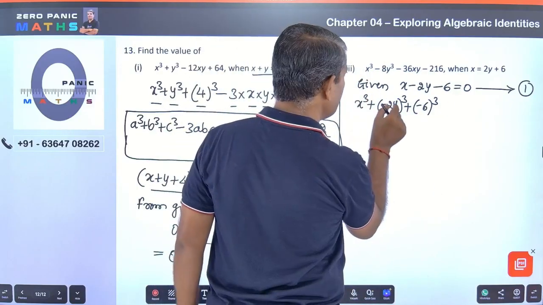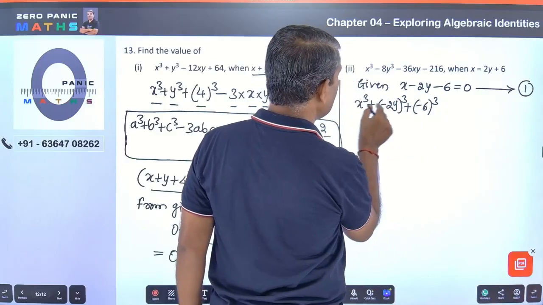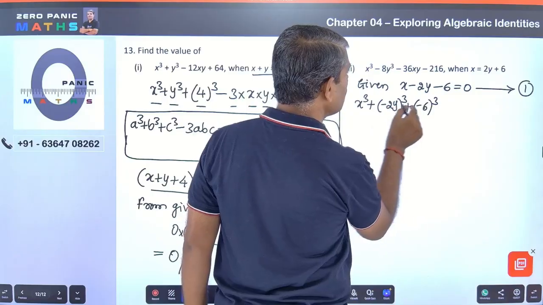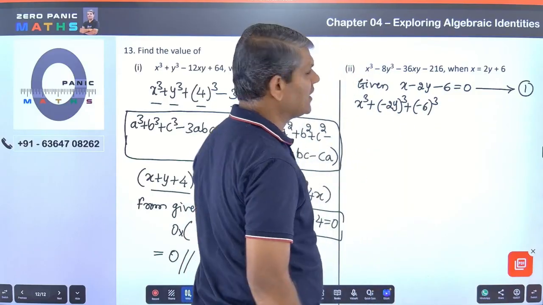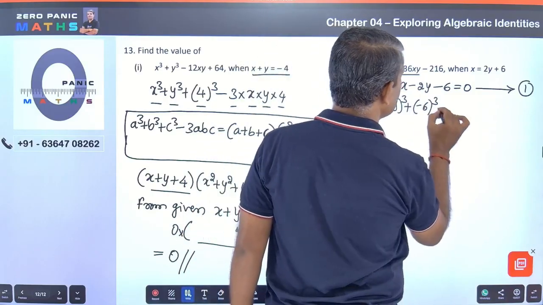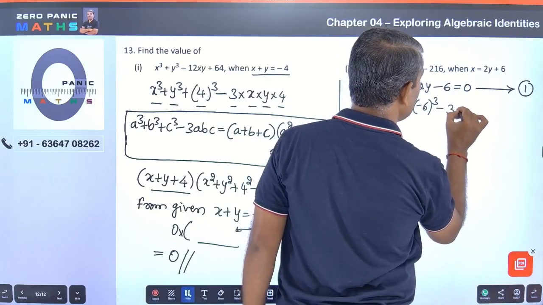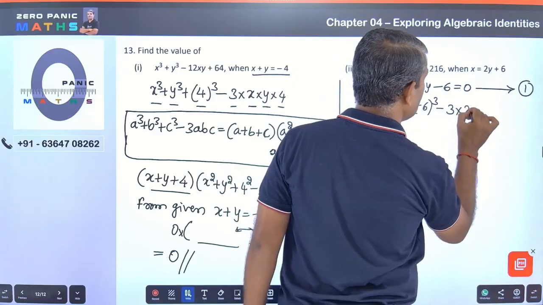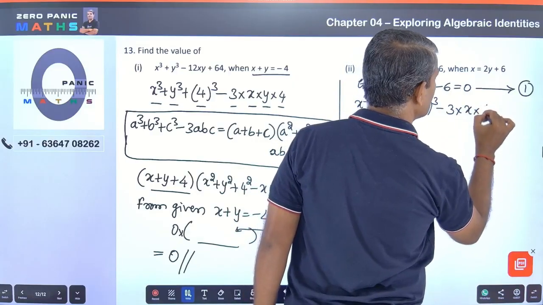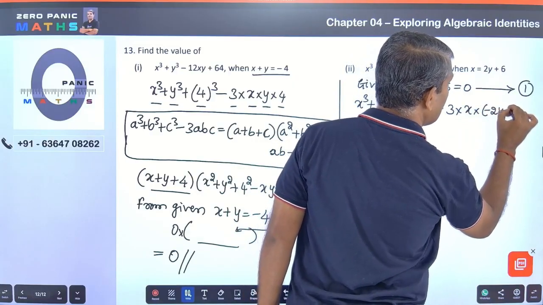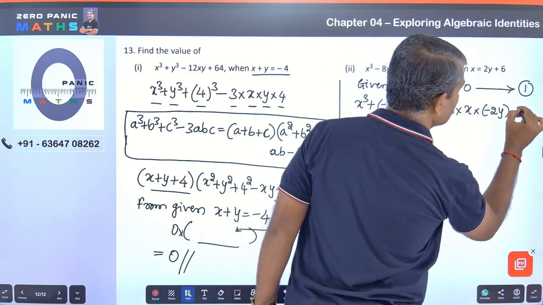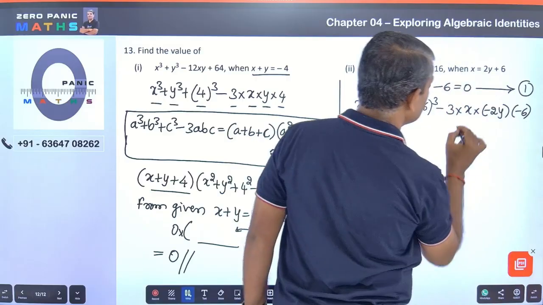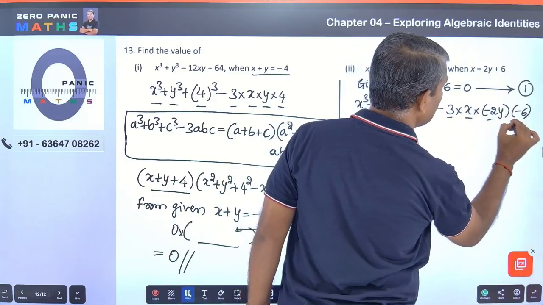So it is a cube plus b cube plus c cube, where a value is x, b is minus 2y, c is minus 6. Now let me write this as minus 3abc. 3a is x, we know that, and b is minus 2y, and c is minus 6. See, it is 3abc.